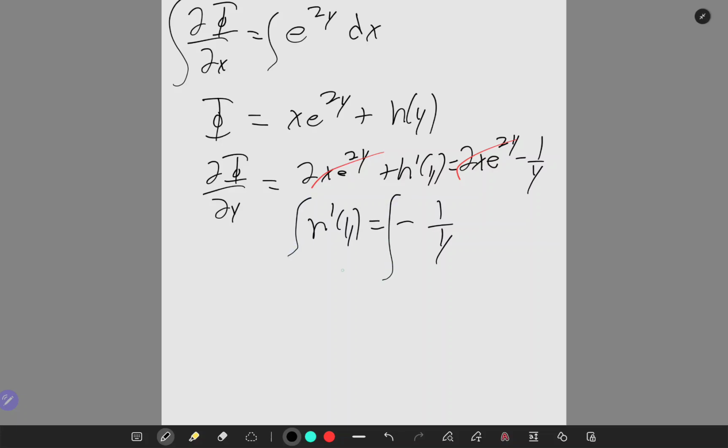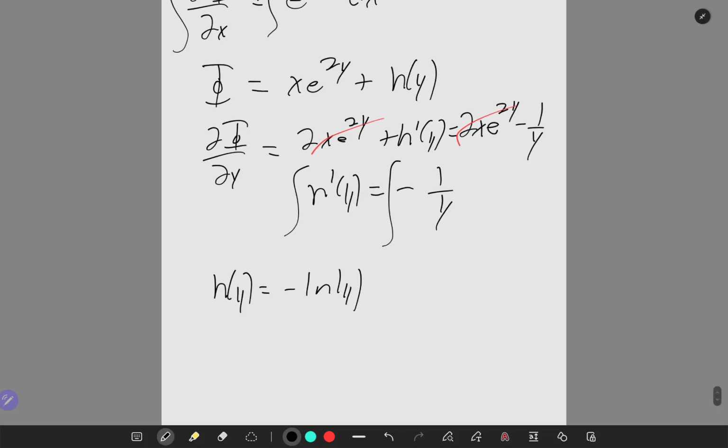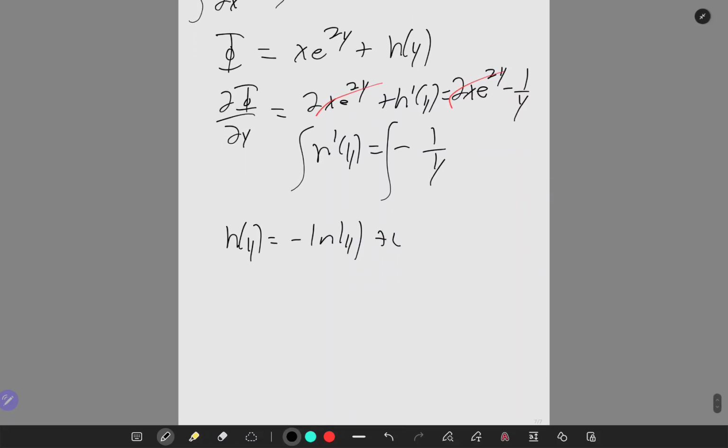Integrate that. h of y is equal to negative ln of y plus c, right? So now we plug that in for phi: x e to the 2y minus ln of y plus c is equal to 0.